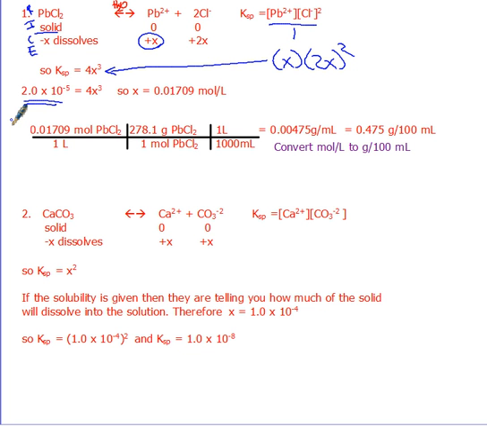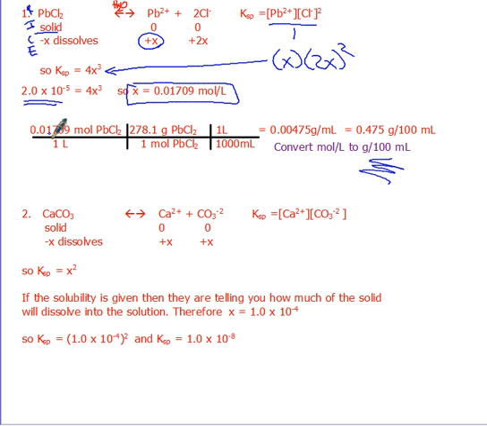But the problem with this answer, the first answer I get, is that it's in moles per liter of how much lead chloride dissolved. That's molarity, moles per liter. And the question specifically says to convert it to grams per 100 milliliters. So I'm going to just do some dimensional analysis and convert it over.